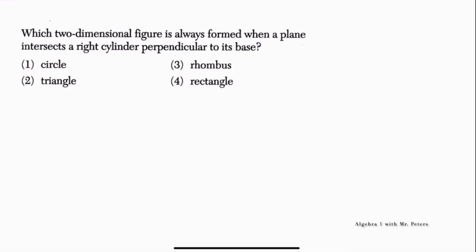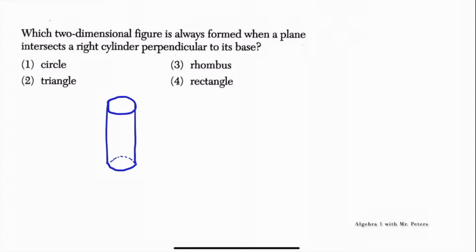The next problem asks us to determine which dimensional figure is always formed when a plane intersects a right cylinder perpendicular to its base. And in these type of situations, family, there's typically two situations. So let's draw our right cylinder. Here's the base, here's a little backside that we don't see.